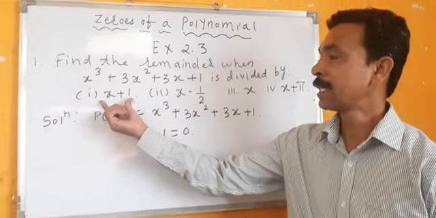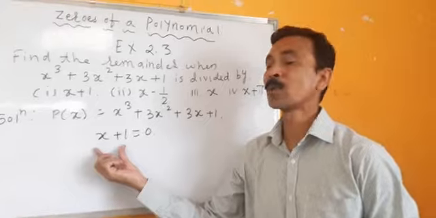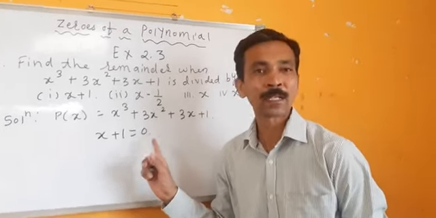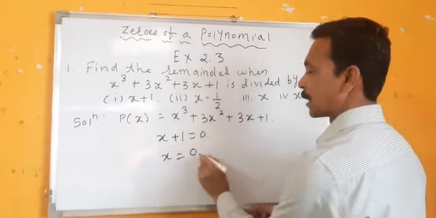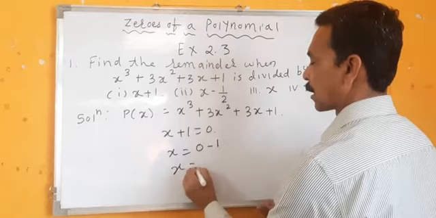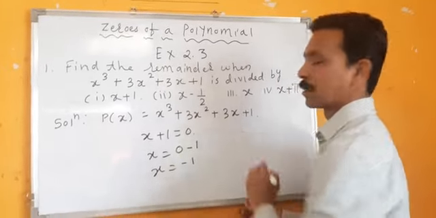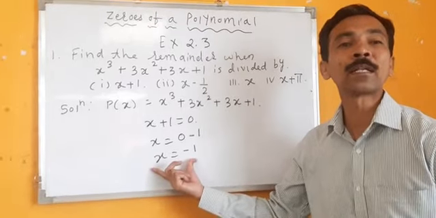That is why, since it is divided by x plus 1, we take x plus 1 equal to 0. So x is, plus 1 goes to the right hand side, it becomes minus. x is equal to 0 minus 1, minus 1. Now the value of x is minus 1.